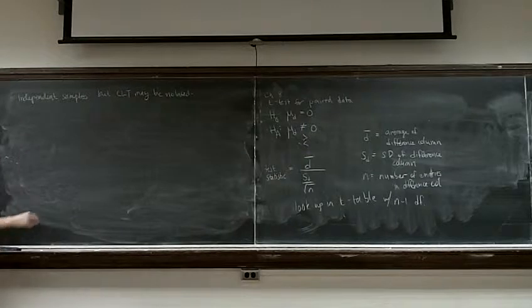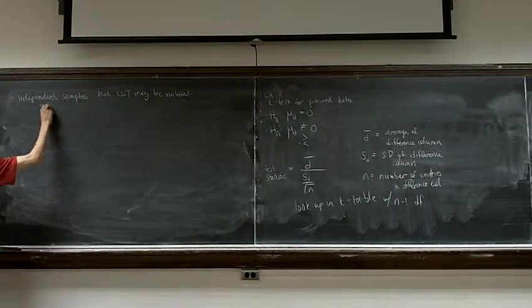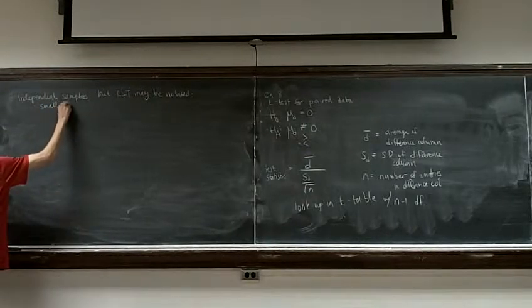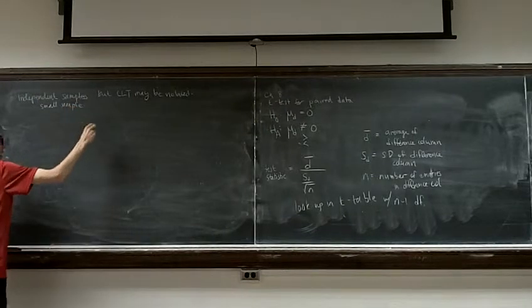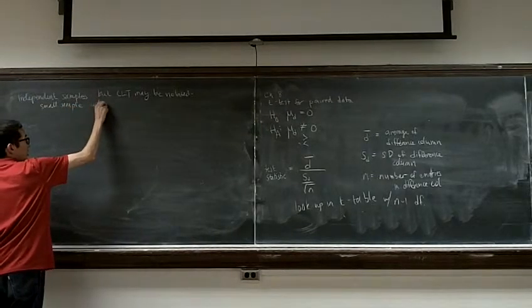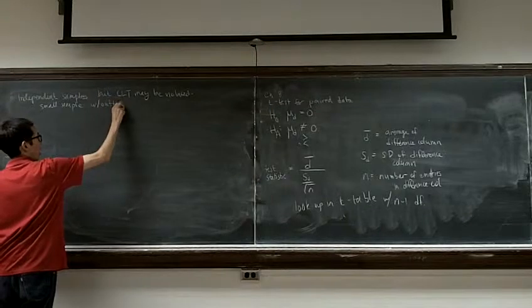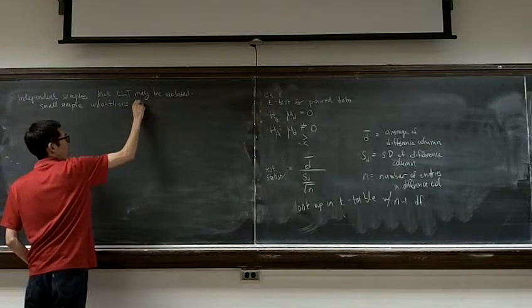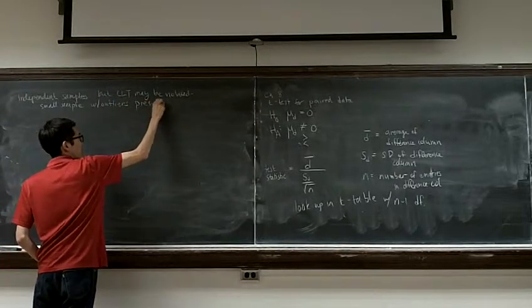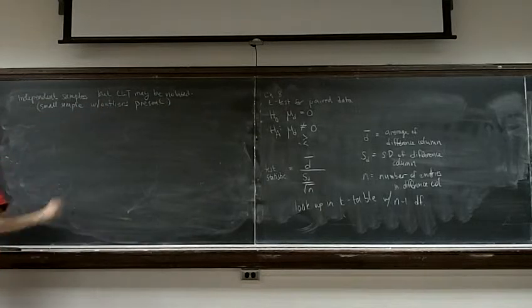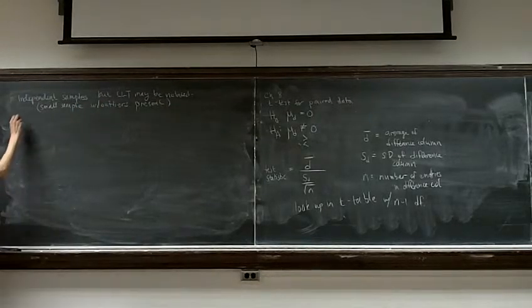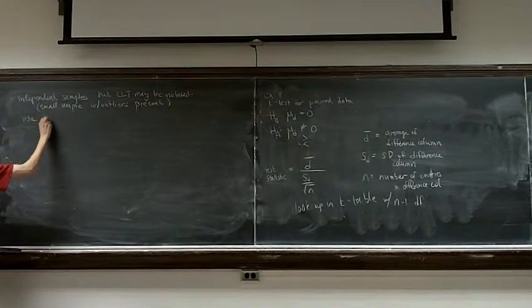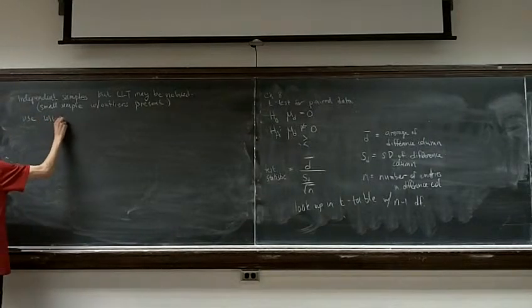That would mean generally a small sample with outliers present. Okay, in that case, we use Wilcoxon-Mann-Whitney.